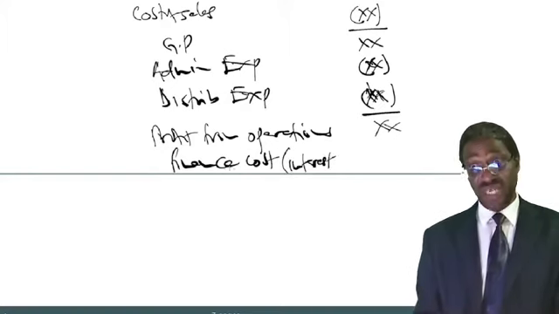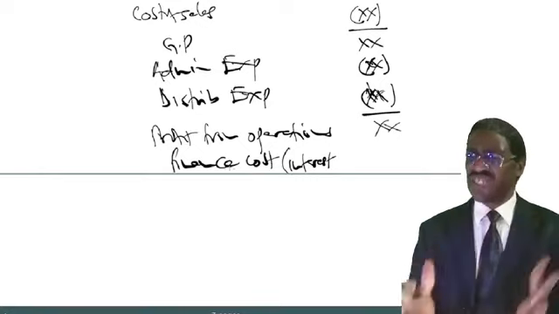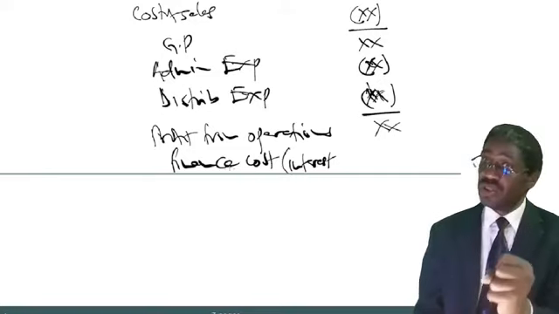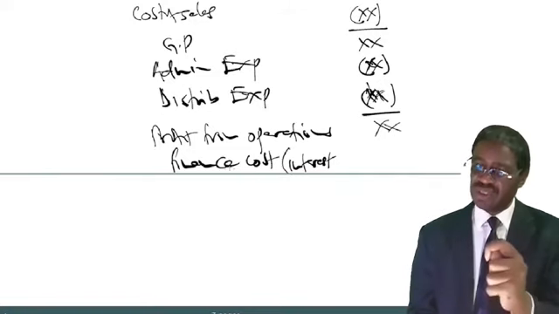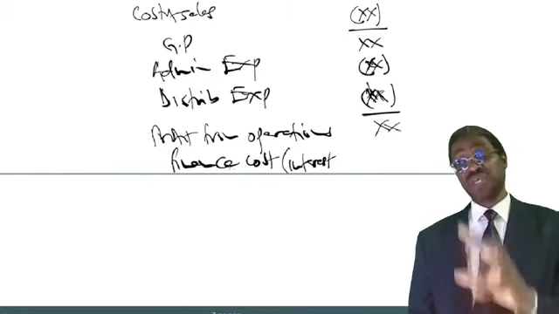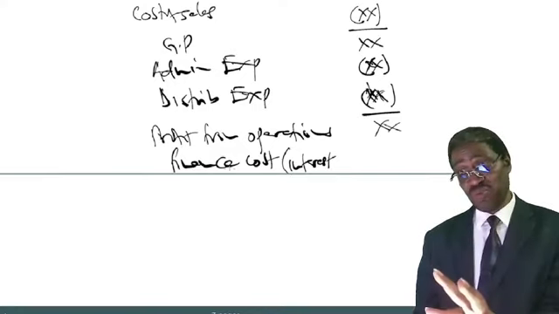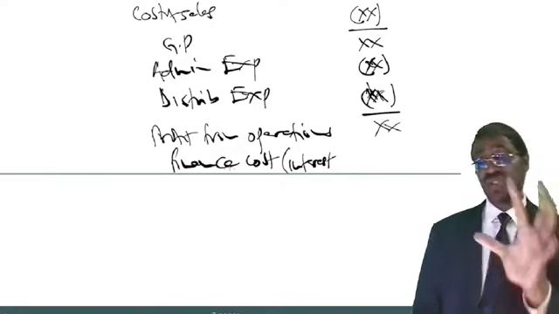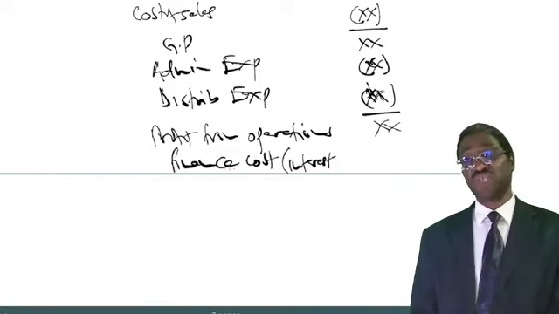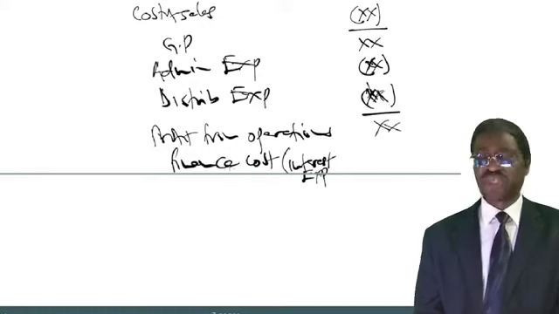Whether interest on loan or interest on debenture, you have borrowed. When you borrow, that cost of borrowing or that cost of financing your business is what we call the finance cost. When you borrowed through loans, you have interest on loan. When you borrowed through issue of debentures, you have interest on debenture. That's what we are calling interest expense.